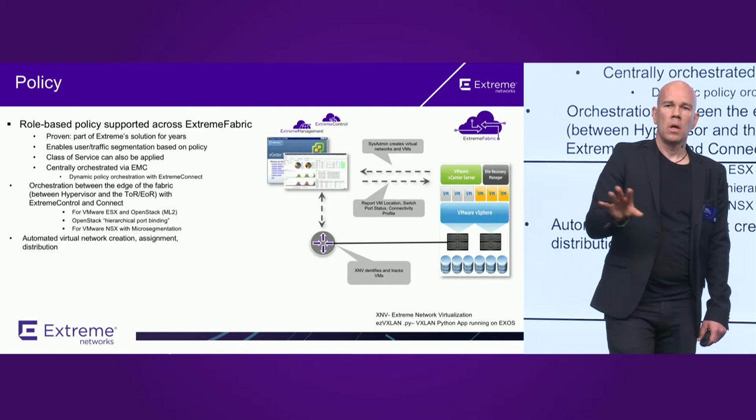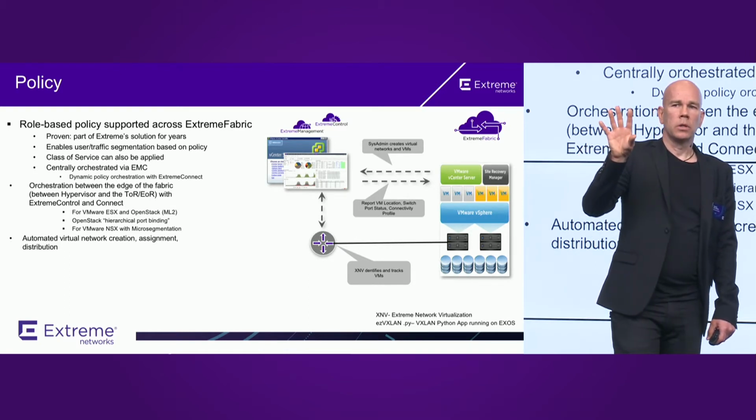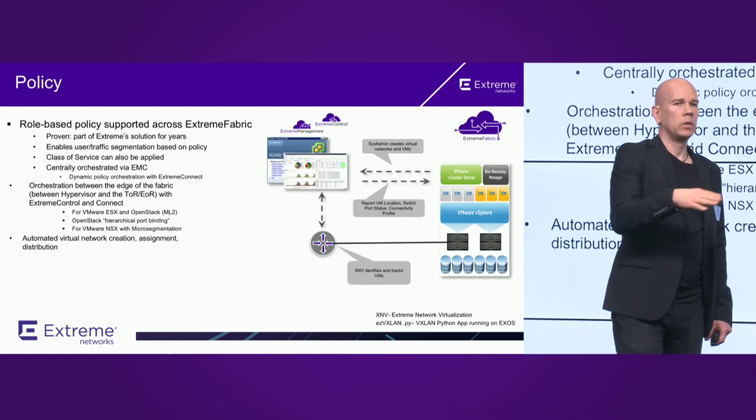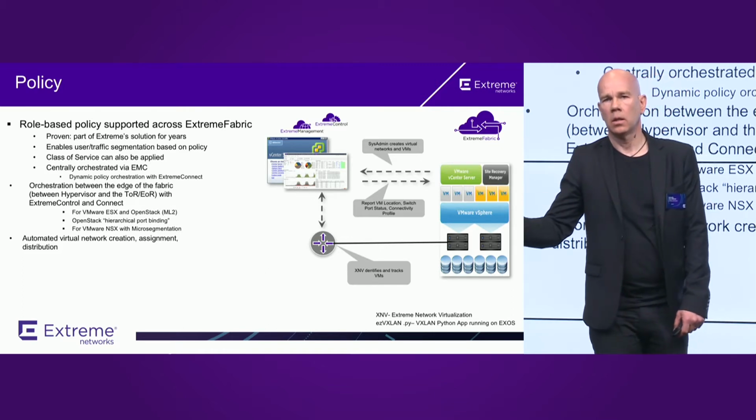But now, adding on to this picture, I was saying that you can track a VM once a VM moves. You would create your virtual network, being your VLAN. Now, assume you have a VXLAN overlay.